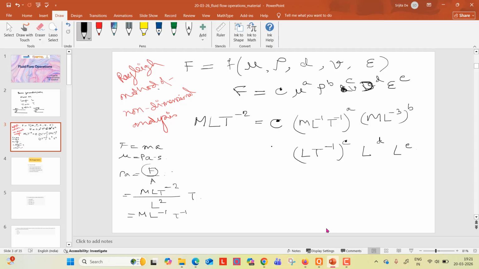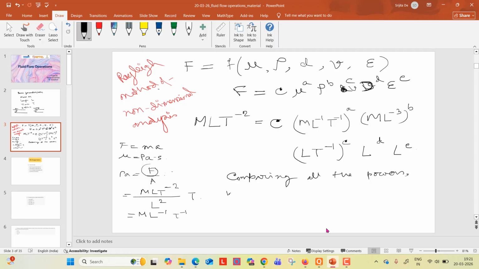Now suppose this is a constant, so we can anyway neglect it. Now we are comparing each of the powers. What is it coming to?